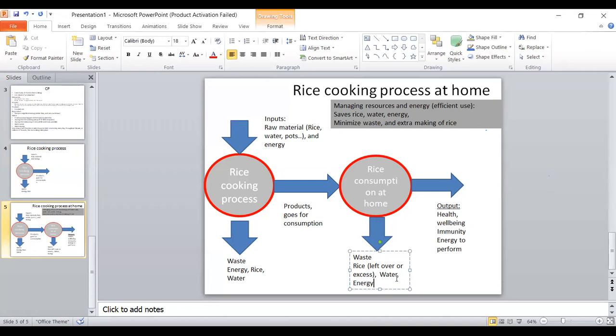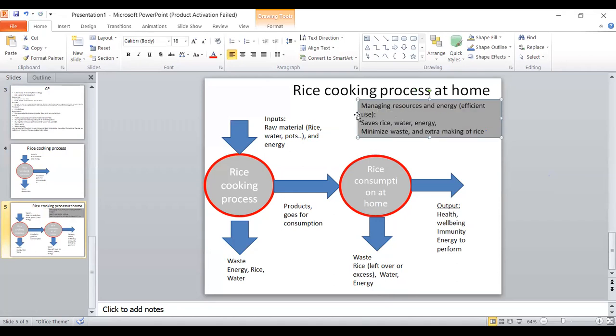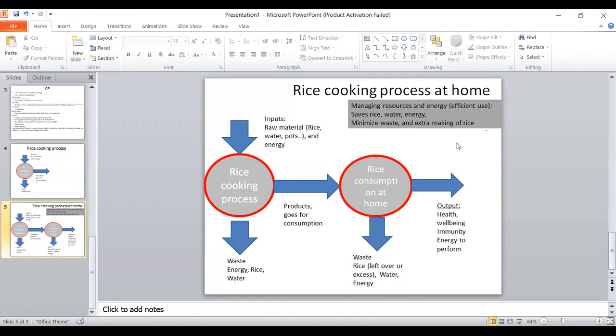In houses, there may be more. That's why in your plate, you should not leave even a single grain of rice. We should not throw it out.